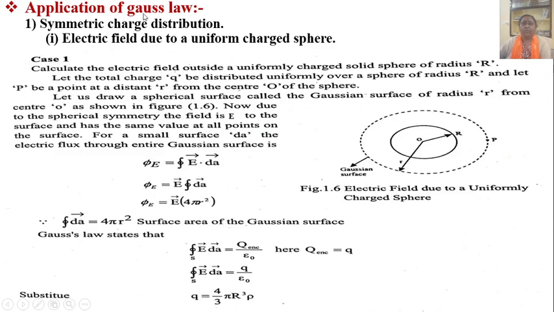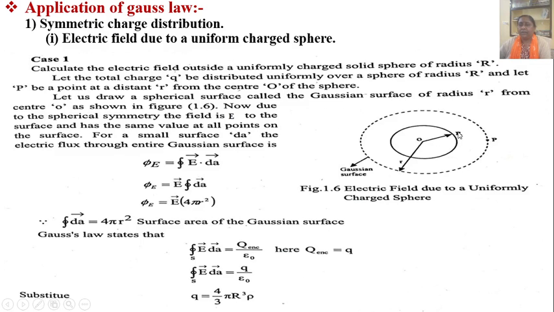Now, application of Gauss law. First point, symmetric charge distribution. Electric field due to a uniform charged sphere. Now, in case first, calculate the electric field outside a uniform charged solid sphere of radius r.